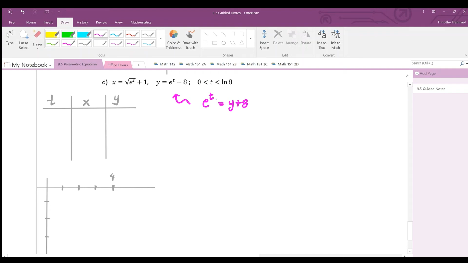And then we could note that x is equal to the square root of e to the t plus 1, which implies that x is equal to the square root, and remember, e to the t is equal to y plus 8. So x is equal to the square root of y plus 8 plus 1. And so we've eliminated the parameter here. We could use this equation as it is.